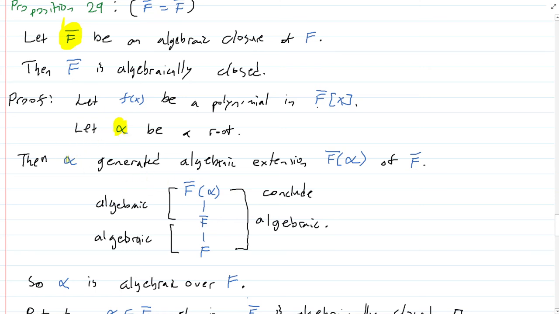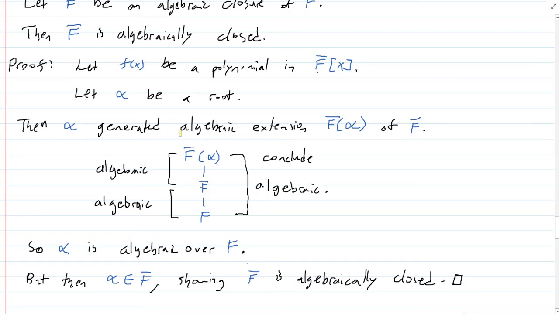So we take the algebraic extension F bar adjoin alpha, which is above F bar, and it's an algebraic extension because we're adjoining an algebraic element. But then F bar is also algebraic over F, by definition. So the full extension F bar adjoin alpha is also algebraic over F. So that means alpha is algebraic over F.